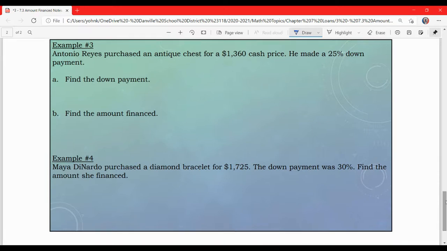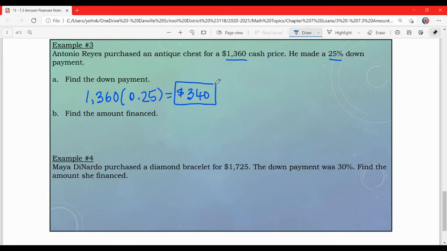Okay, example number three. Antonio Reyes purchased an antique chest for a $1,360 cash price. He made a 25% down payment. Part A, find the down payment. The down payment is the cash price, $1,360, times the down payment percentage, which in this case is 0.25. If I multiply this, I get a down payment of $340.